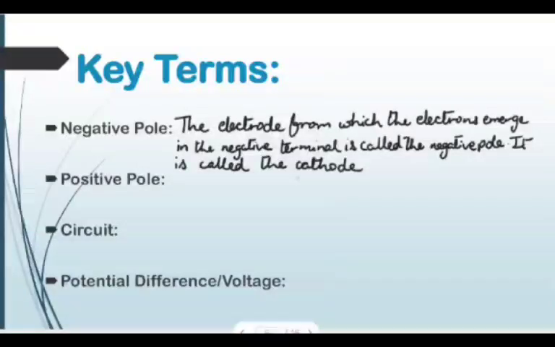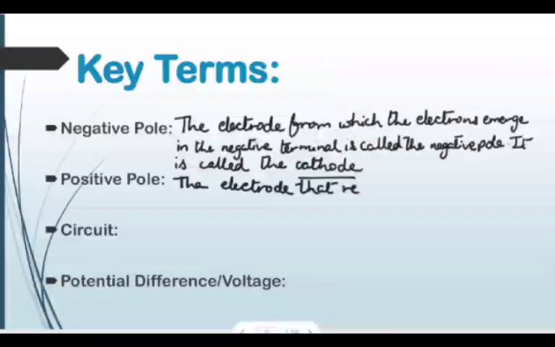Important. What is the positive pole? The electrode that receives. It does not emerge a positive charge. Remember, the positive charge is inside the nucleus, not easily transferable.